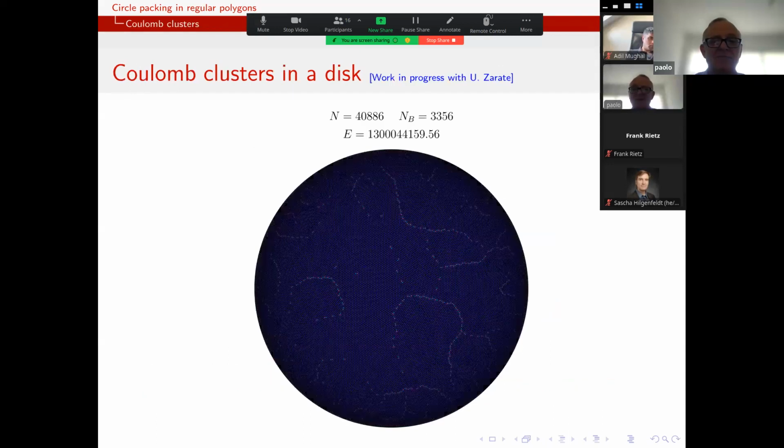And finally, just to conclude, these are just a few images from something that I'm doing with my student Ulises. Ulises is going to graduate in 2 weeks. And we have been studying essentially Coulomb clusters in a disk. We are focused on trying to build very large N configurations.